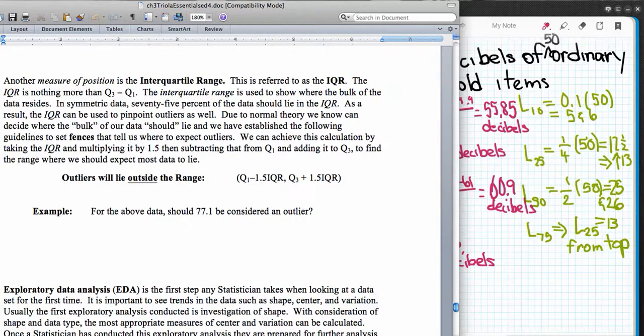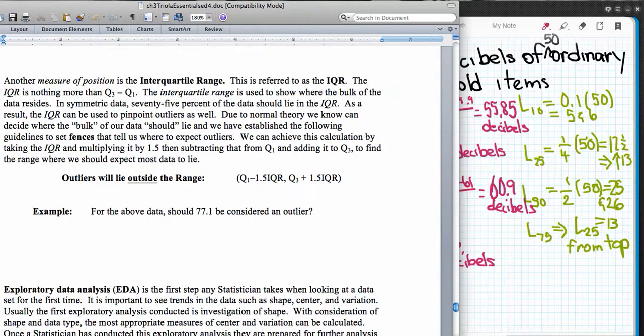Now there's a little bit more to that. We can relate that back to the bulk of the data in terms of symmetric data, and we could make it a little bit more into the 67%, and we can talk about the bulk of the data and why we're doing what we're going to do to find these fences to tell us where we may have potential outliers.